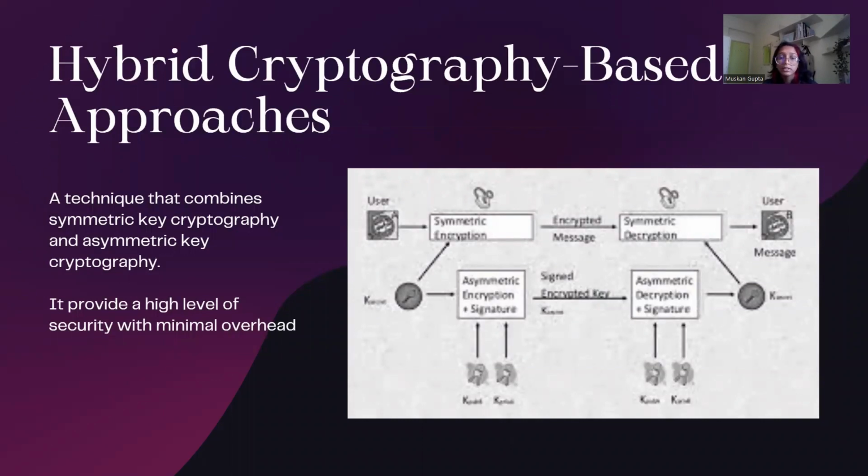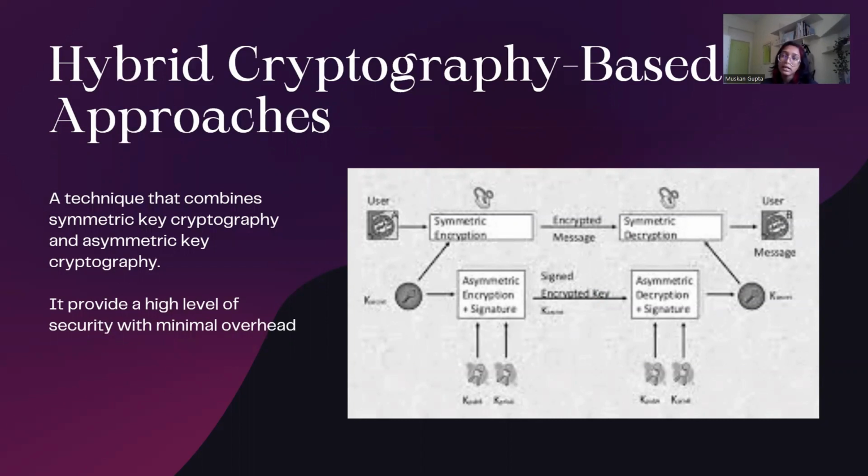In hybrid cryptography, symmetric key encryption is used to encrypt the data, and asymmetric key encryption is used to encrypt the symmetric key. The data is first encrypted using a symmetric key, and then the symmetric key is encrypted using the public key of the intended recipient.